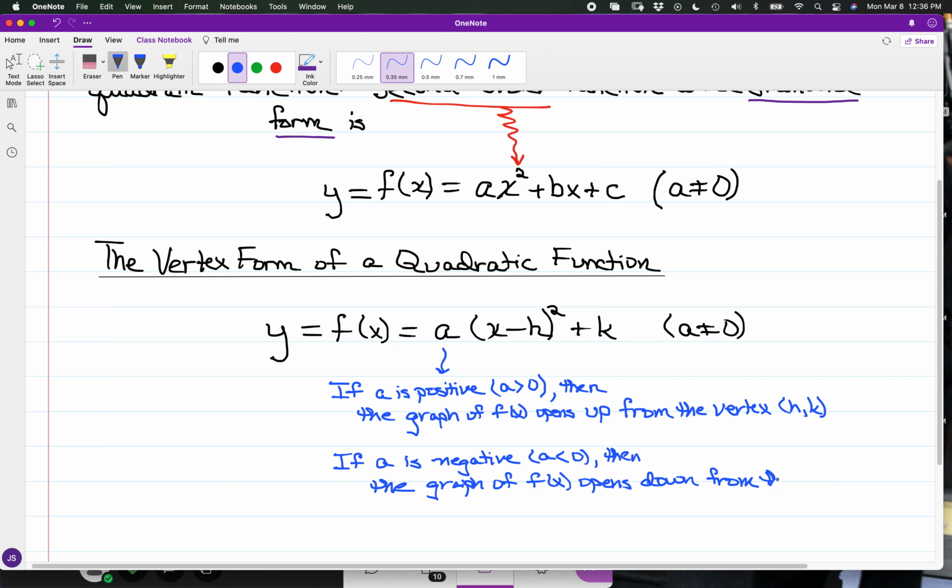The vertex is designated by the coordinate pair expressed as h and k.